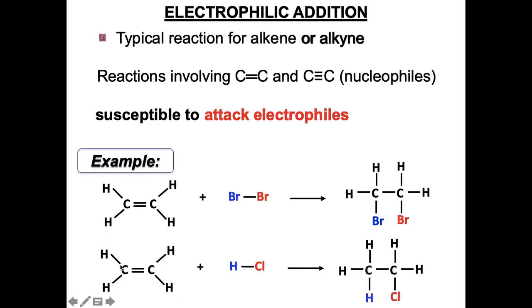Note that the left side of the carbon has two hydrogen, and at the product, the left side of carbon has two hydrogen initially, and new hydrogen is added into this carbon, and another carbon will receive Cl. Note that this carbon has two hydrogen as the same as before.